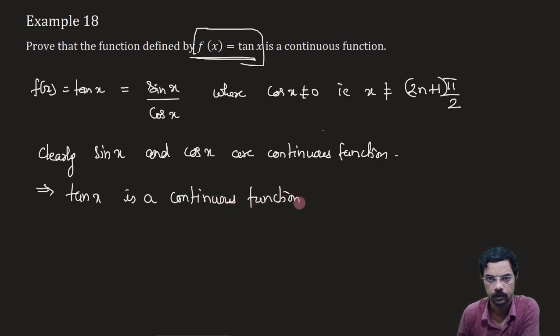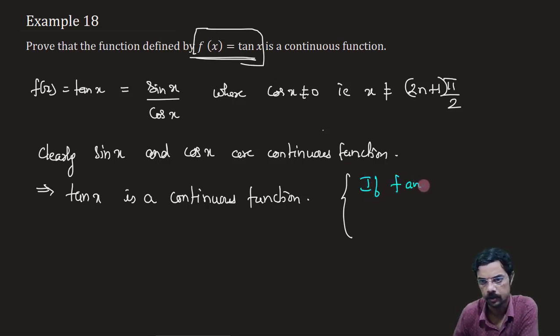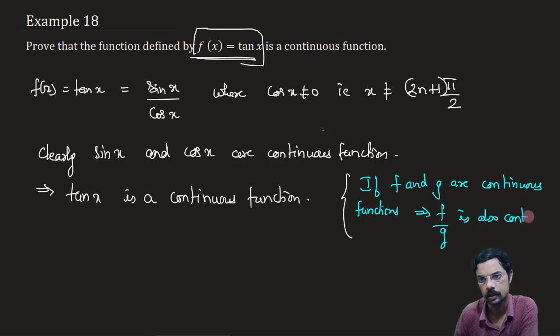We know that if f and g are continuous functions, then f by g is also continuous, provided that g of x is not equal to 0.